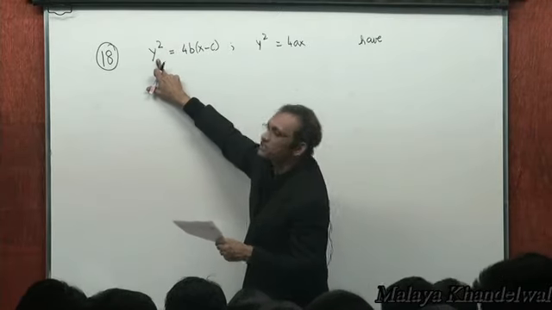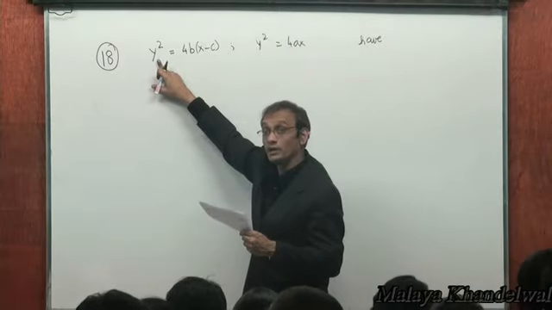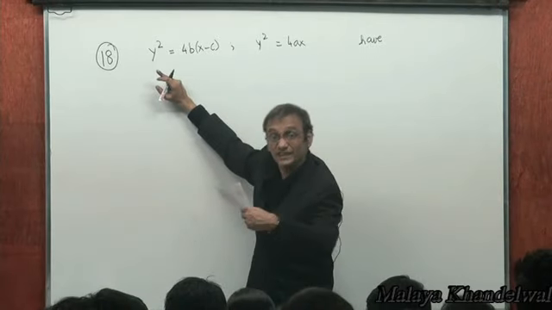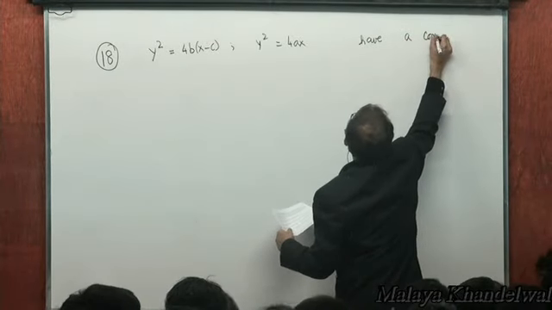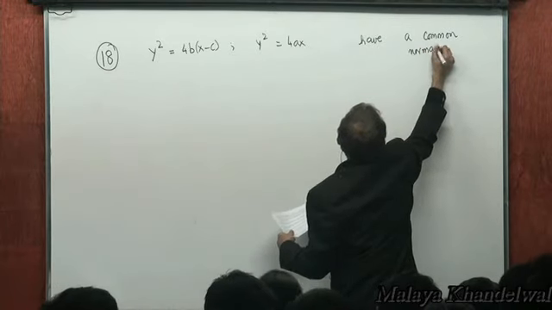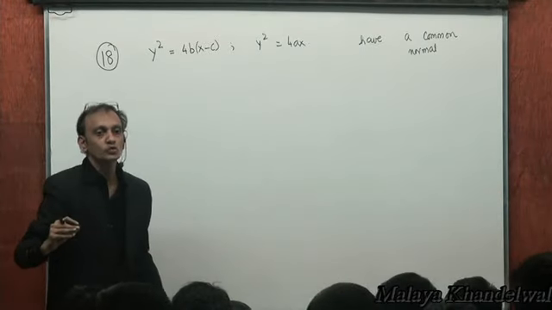See, in both cases the axis is y squared equal to 0, the x axis is the normal. That's a common normal, but we want a common normal other than the axis. We want to find a condition. Yes or no?